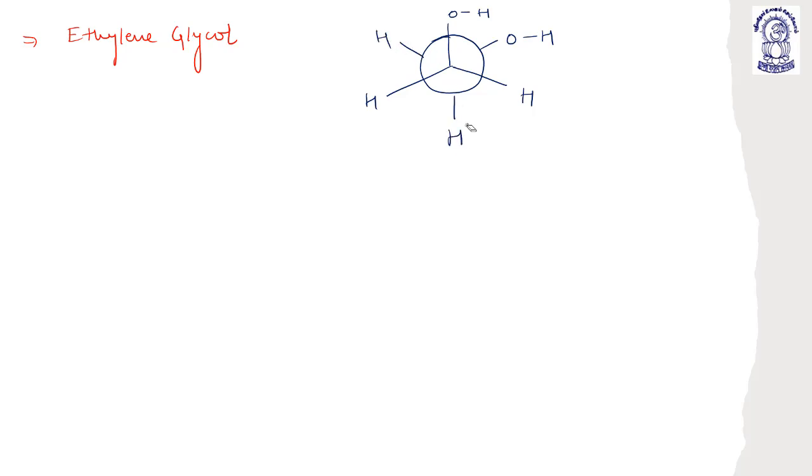Staggered form. Now you can see this oxygen comes up with hydrogen bonding with this hydrogen. So the gauche form is more stable in ethylene glycol, most stable due to hydrogen bonding.